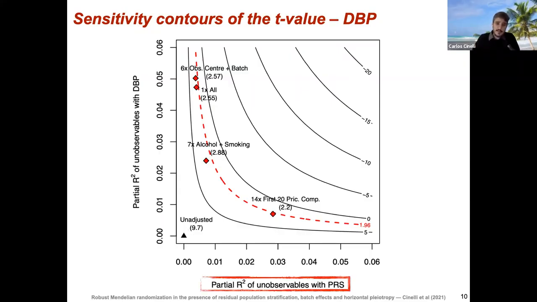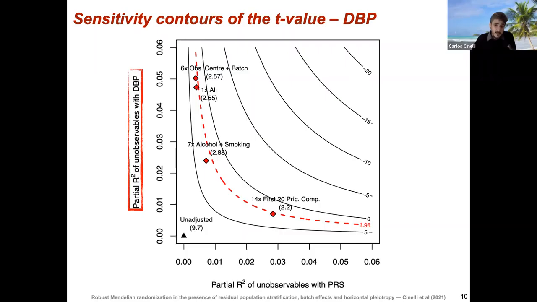Okay, so on the x-axis, we have how strongly the unobserved variables are associated with the genetic instrument. And on the y-axis, we have how strongly these unobserved variables are associated with our outcome trait, diastolic blood pressure. Again, these two axes are measured in terms of partial R-squared, indicating the percentage of unexplained variance of the genetic instrument and of the outcome trait that these unmeasured variables explain.